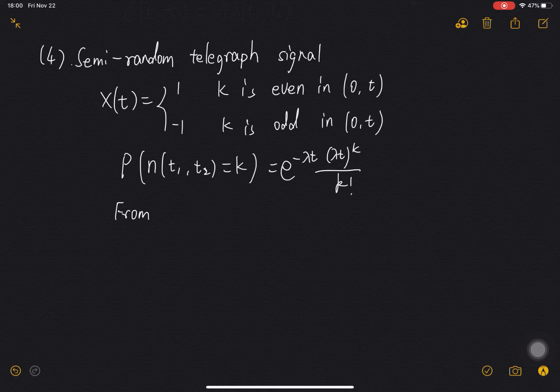So we can know the probability of X(t) to be 1 and the probability of X(t) to be minus 1.